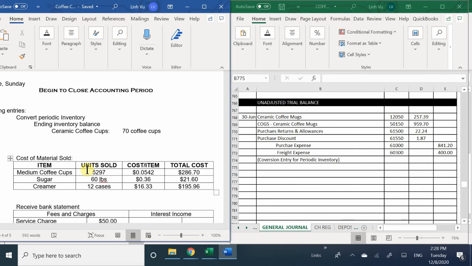The sugar was $21.60, and the coffee creamer was $195.96. Okay. So cost of material is more or less identical to what you would do for a cost of goods sold. Okay, because it is actually right underneath it.